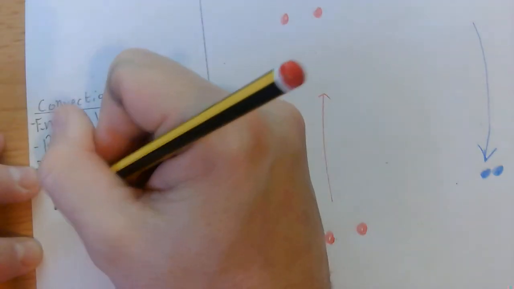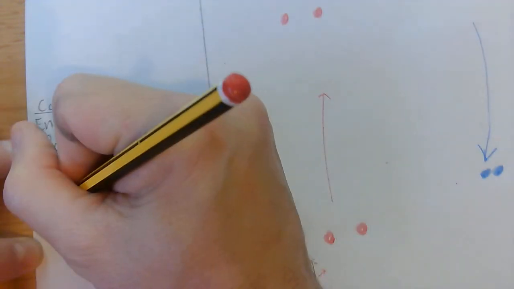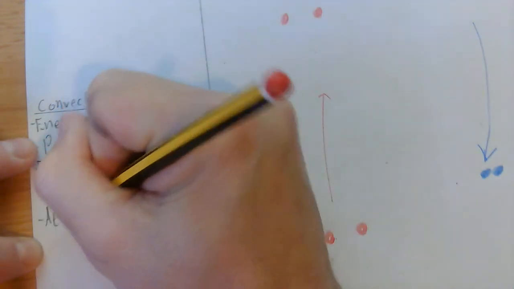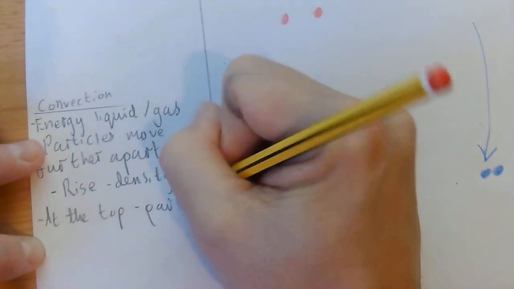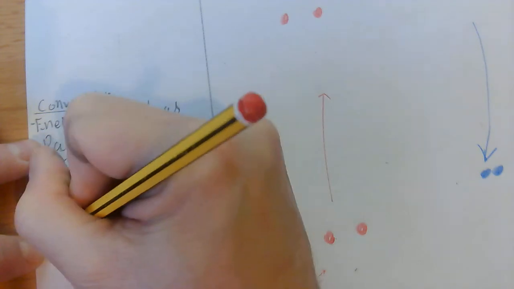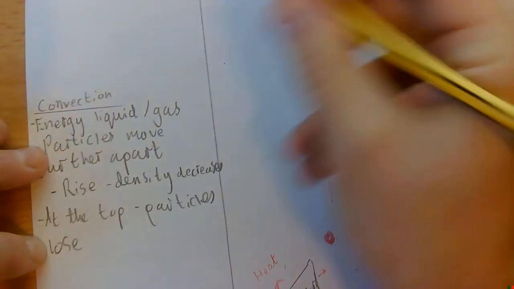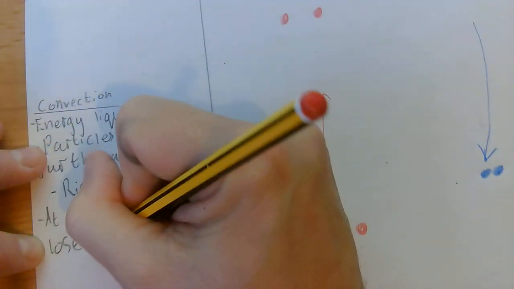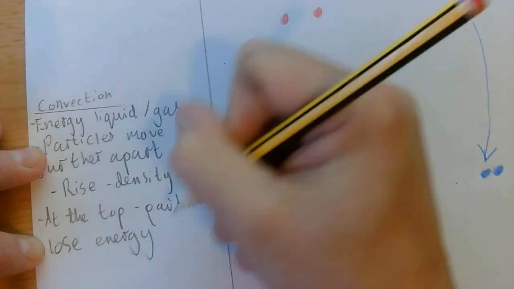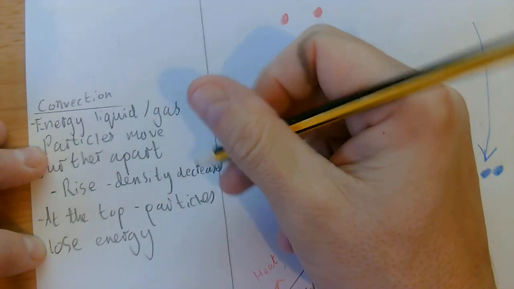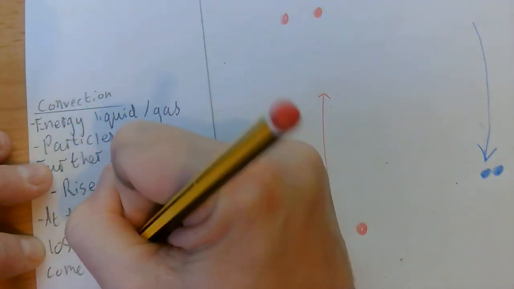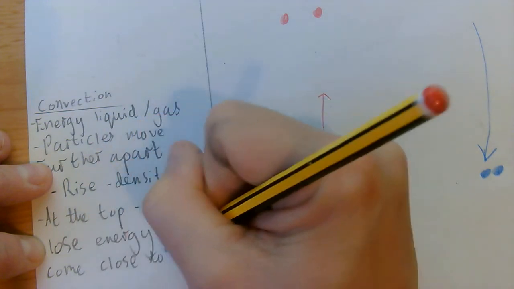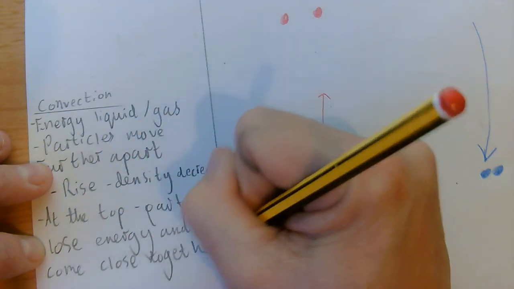So we'll add some more notes on that. At the top, particles lose energy, and they come close together.